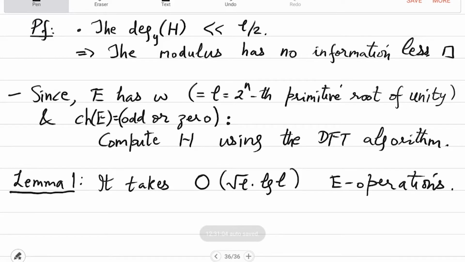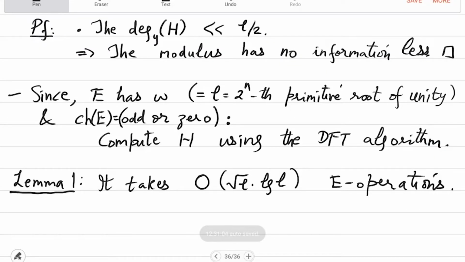So let us see what are these E operations that you require. Basically you are multiplying big F with big G, the coefficients of those. But the coefficients are not maximum degree, they are limited degree. The degree is around root L. So you only have to multiply root L degree coefficients or add them. That is what E operations actually means.